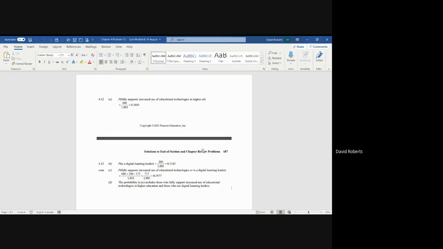So in part D, the probability of those people who fully support increased use of educational technology, right? And that's what part C did. And those who are digital learners. So they measure two different things. One is digital learners and one is fully supporting, and in this case is or.